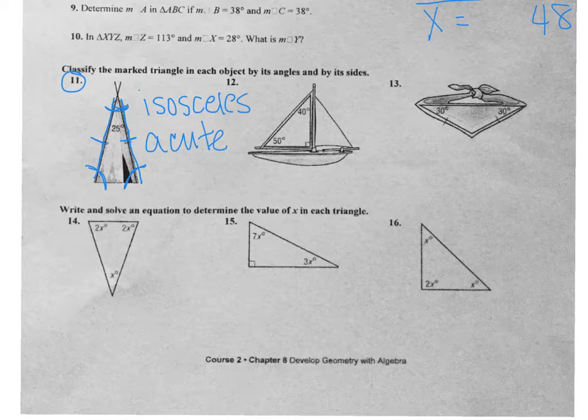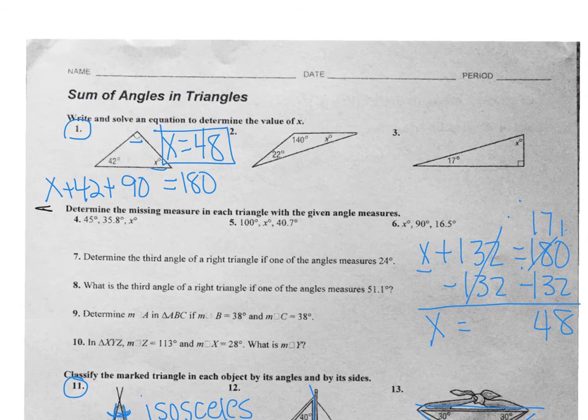All right, so on number 12, you'll need two names for the figure here, the triangle, and you would need two names for this triangle on number 13 as well. Numbers 14, 15, and 16 are just like the ones that we had completed at the top.